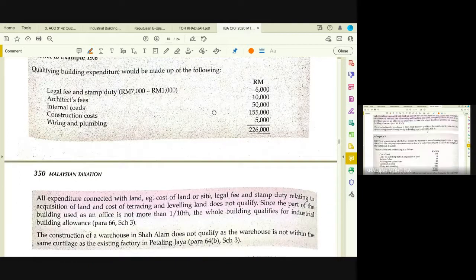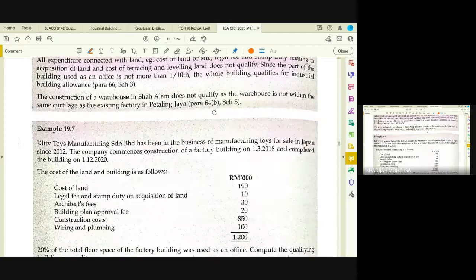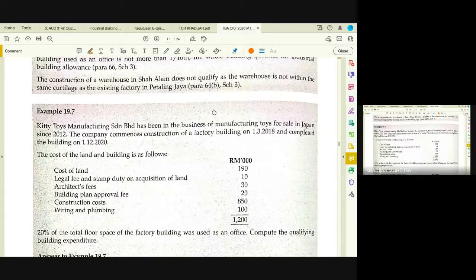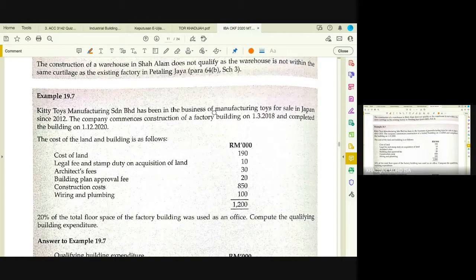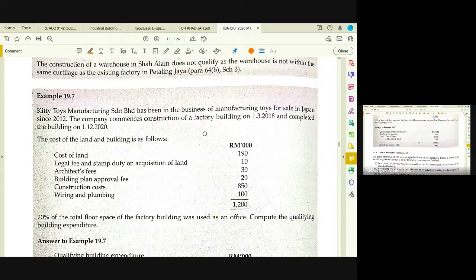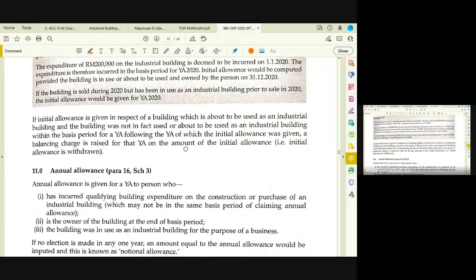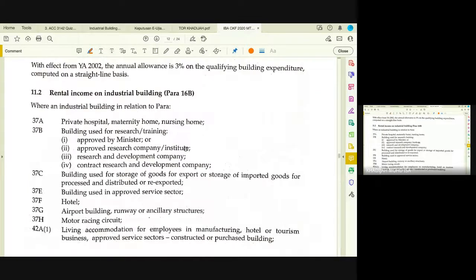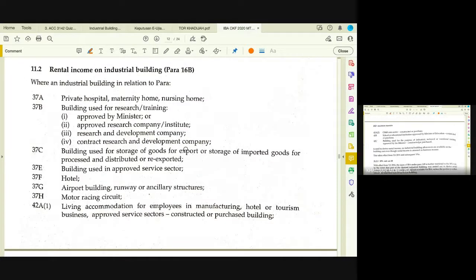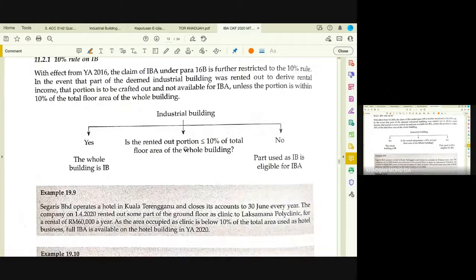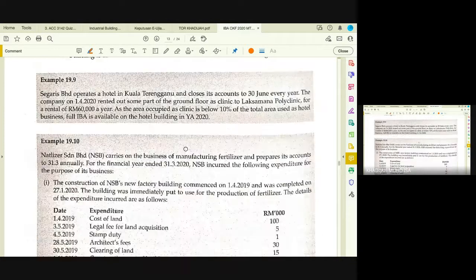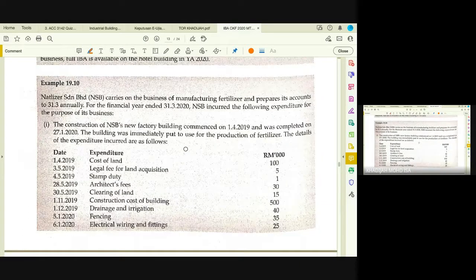Okay, so I will stop now, 11:13. I want you to continue. Please read in advance example 19.7, and then continue with the reading, and then you have rental income here, the 10% rule. Just now I covered this 10% rule, and 19.10 is very comprehensive.